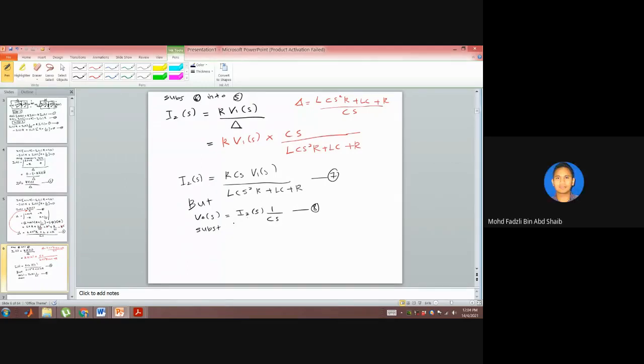7 into 8, right? 7 into 8. Very good. So Vos equals R over Cs times V1s over Ls squared times R plus Lc plus R, right?